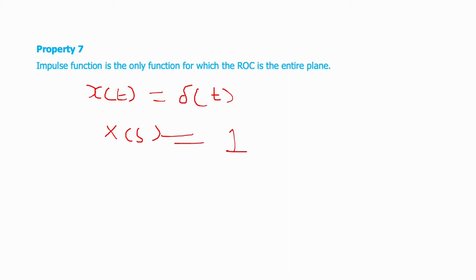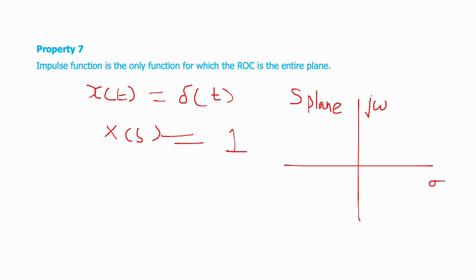The Laplace transform of the impulse function is 1. If you take sigma and j omega axes, since it is 1, the ROC is the entire S-plane. So this is the S-plane, and the ROC is the entire S-plane.